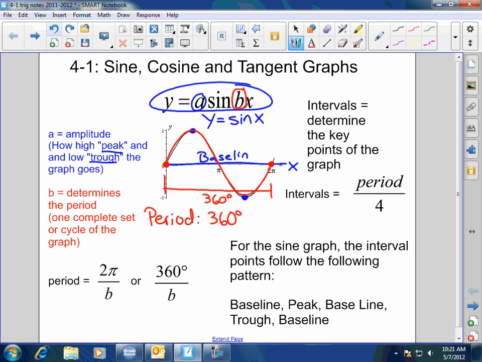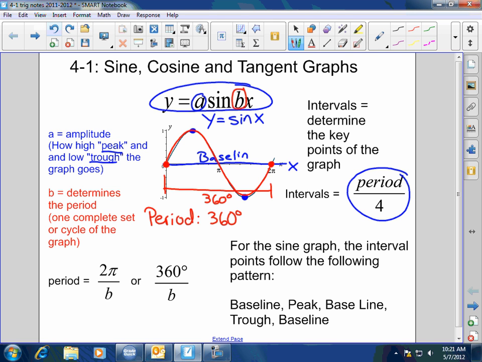There are key points that the sine graph must go through. You find these key points by taking the value of the period and dividing it by 4. And when you have those intervals, you're going to have 4 intervals, it's going to work out like this.